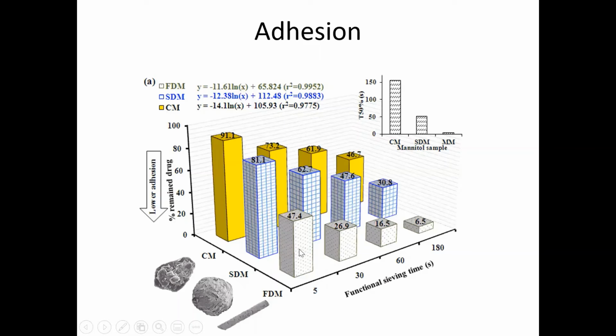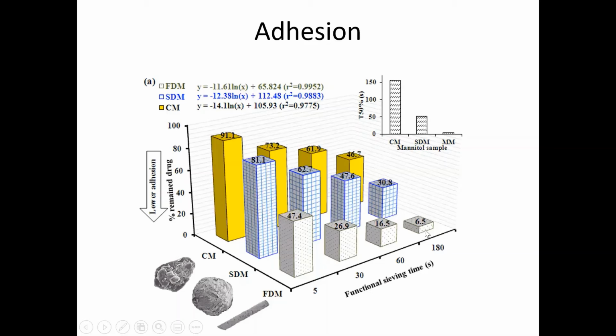We noticed that if you use freeze-dried mannitol, after 5 seconds, 47.4% of the drug is left on carrier surfaces, whereas with commercial mannitol, you will see 91.1% of the drug left on the carrier. That shows that freeze-dried mannitol is much better than the commercial mannitol, because you can have easy detachment. We did it up to 3 minutes or 180 seconds.